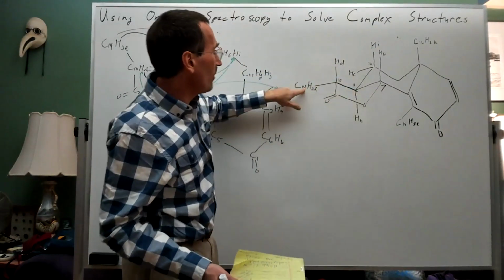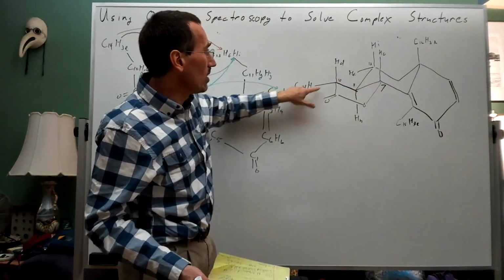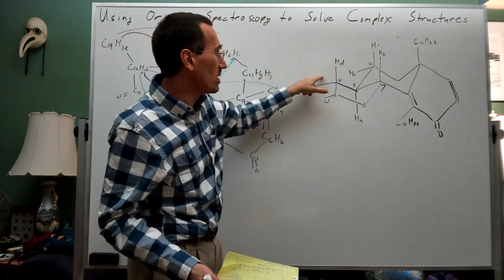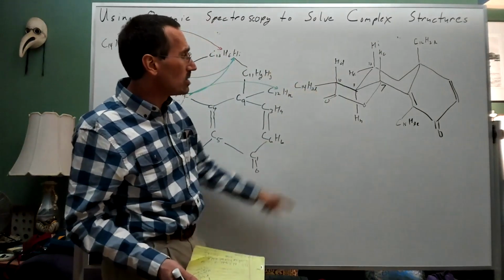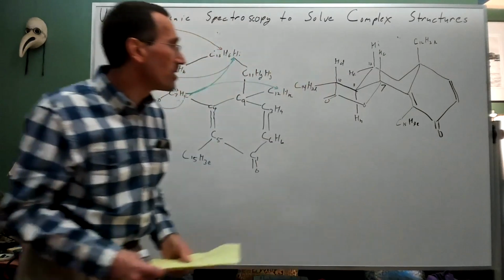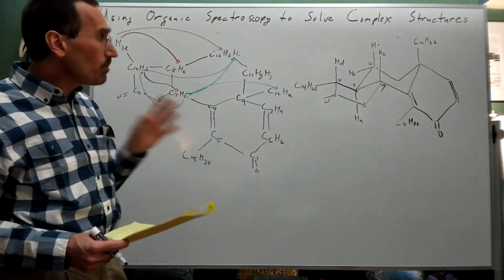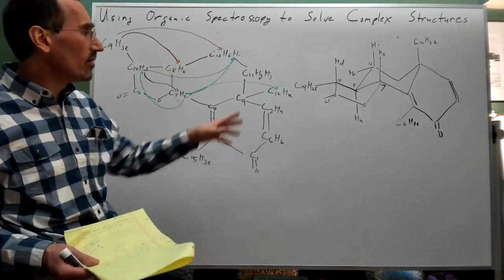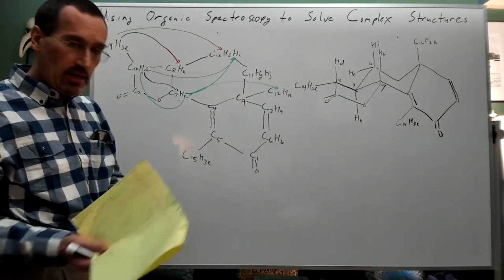Although HF and HL don't look that close, if you actually make a model or you're good with seeing things in 3 dimensions from my drawing, they're actually quite close to each other. So that pretty much sets our knowledge now of the stereocenters in this molecule.